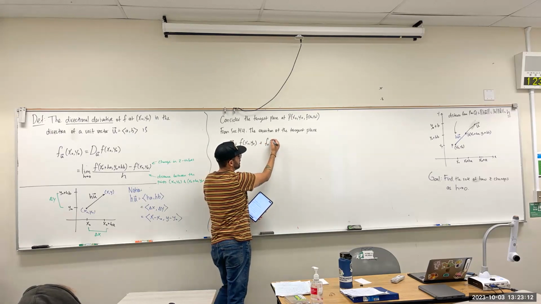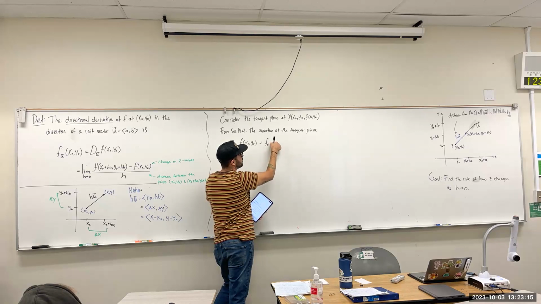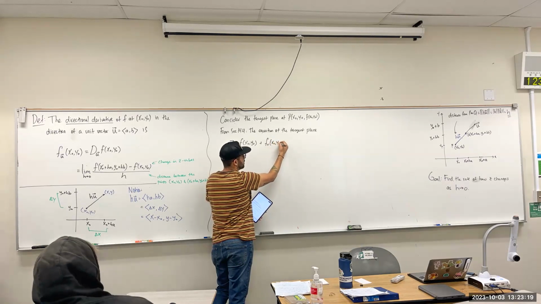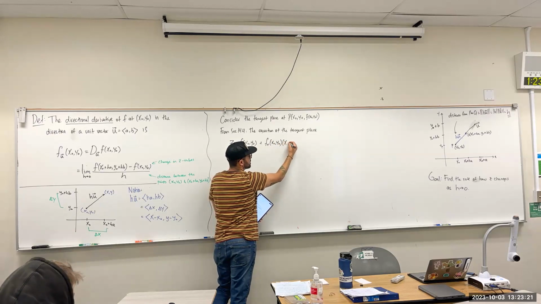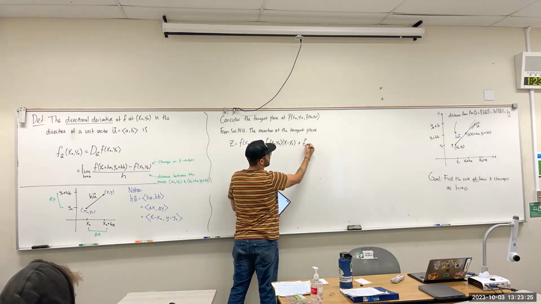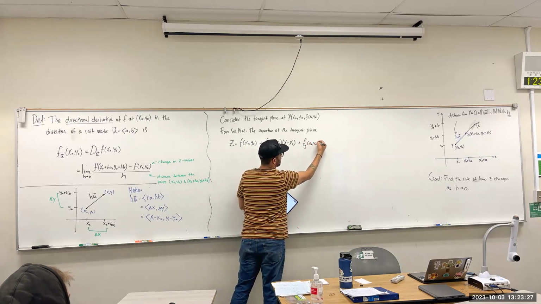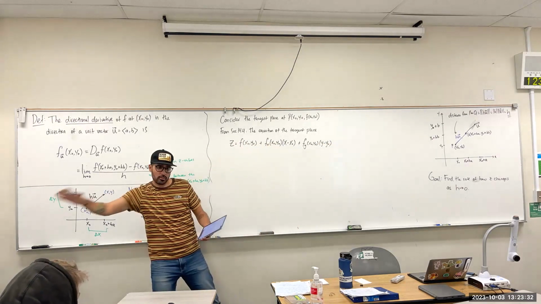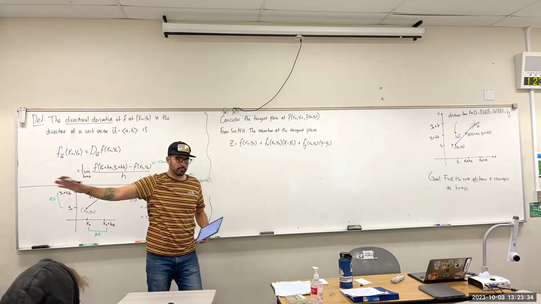Fx at what point though? x naught, y naught. And then x minus x naught. And then there was the fy part. Good. That's the equation of that tangent plane that's going to touch that point P right there.